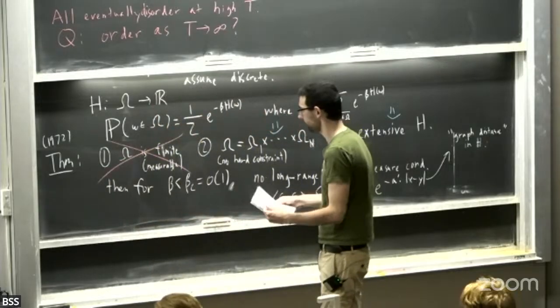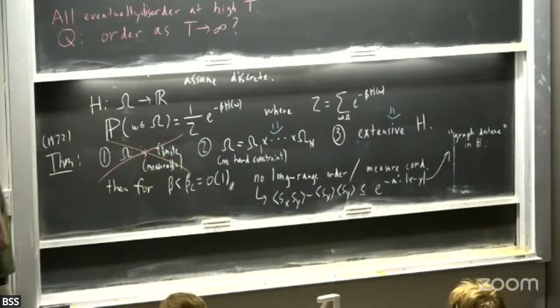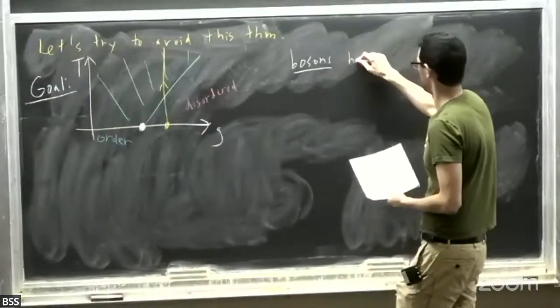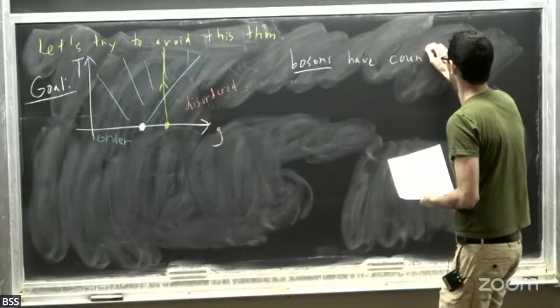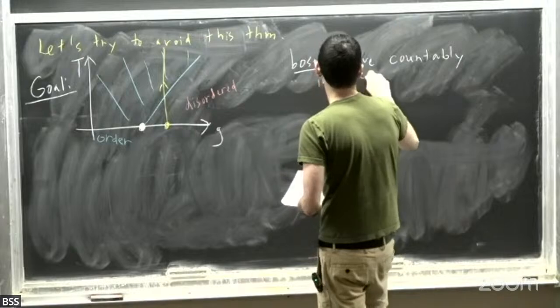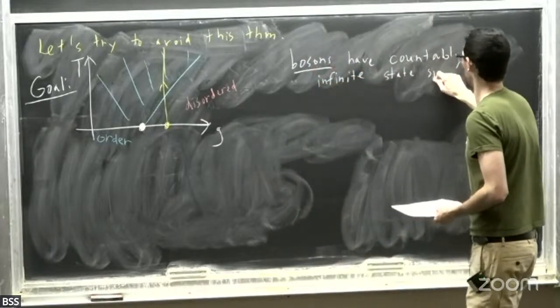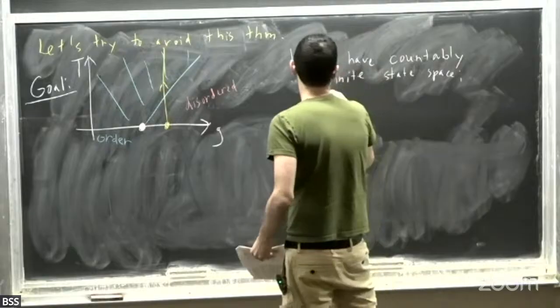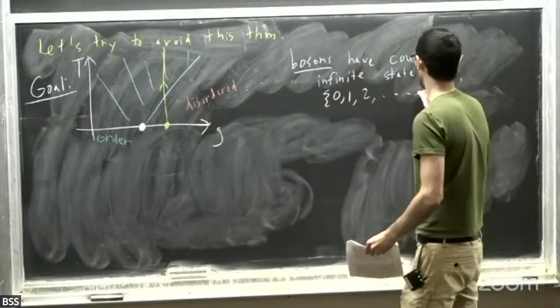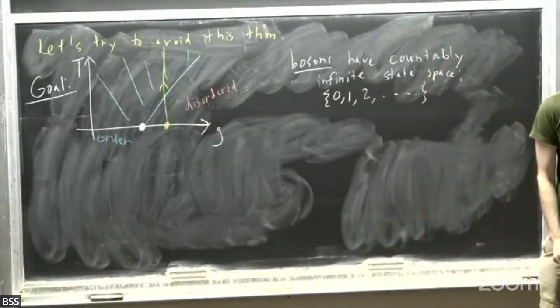Okay. And right, the reason that I think that one is okay is that we know that bosons have a countably infinite state space, right? If I give you one boson, I can have 0 bosons, I can have 1, I can have 2, and this goes on forever, okay?